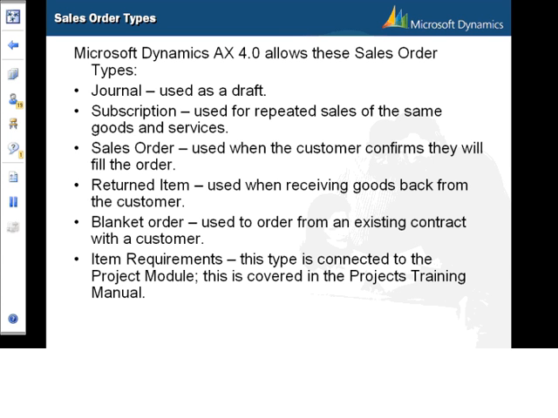Example, the Light and Design company have a standard order to buy 100 of our item CL lamps from the Global Trade and Manufacturing Company. The order taker creates a sales order of type subscription for Light and Design and creates a line for 100 pieces of CL lamps.